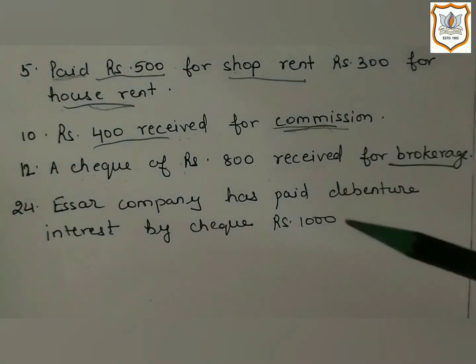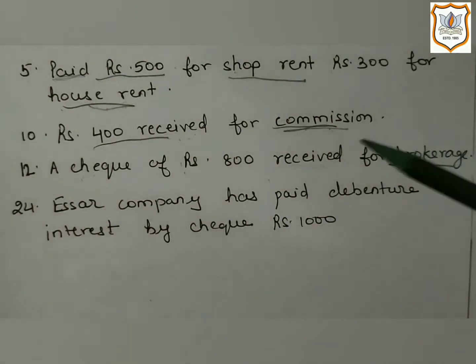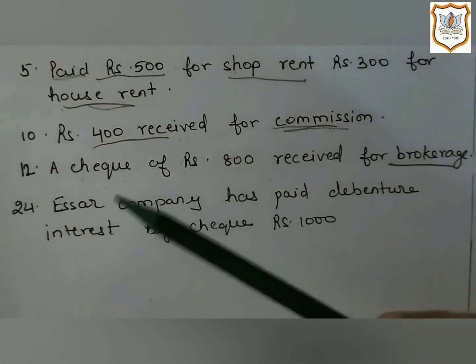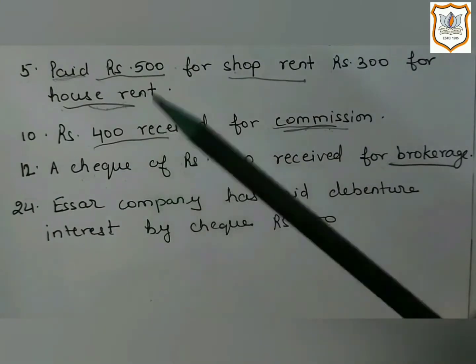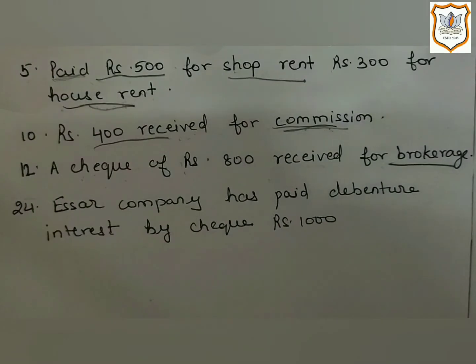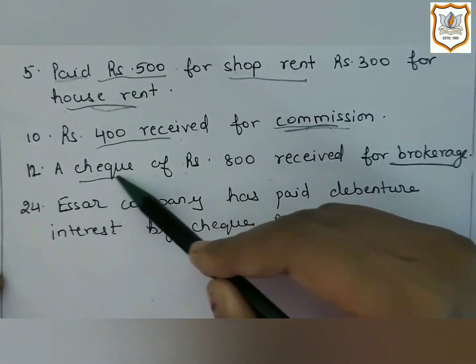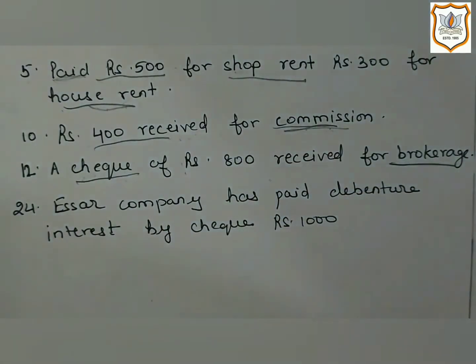So it indicates that either cash or bank account will be affected. As here we are receiving the amount through check, so in this case bank account will be affected. Here one thing you must remember, transactions made through check is also a cash transaction. And as here we are receiving the amount through check, so bank account will be affected.